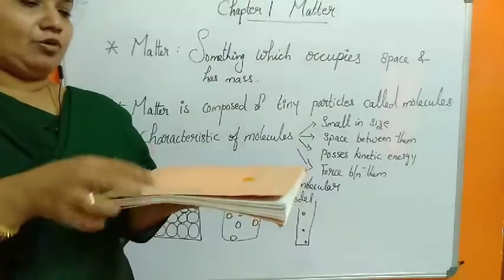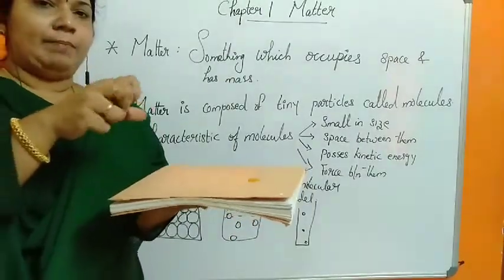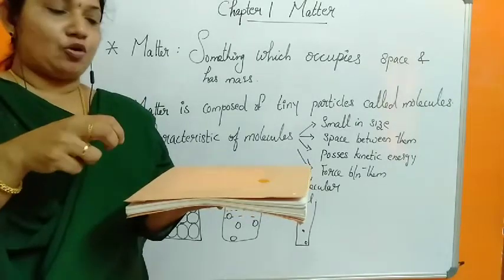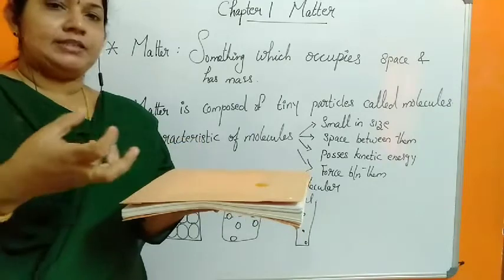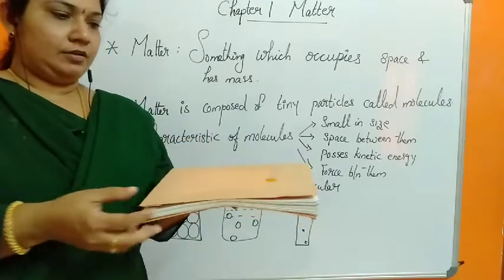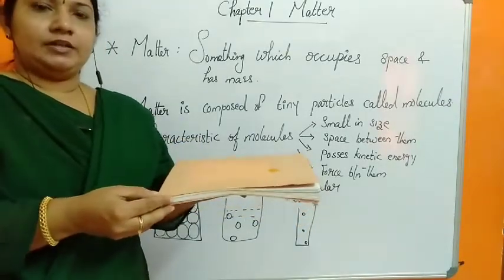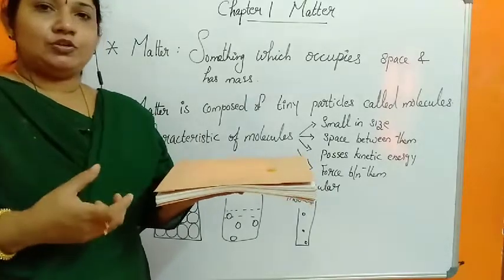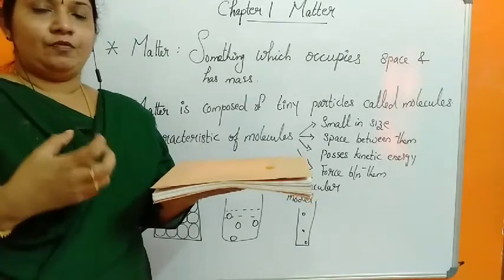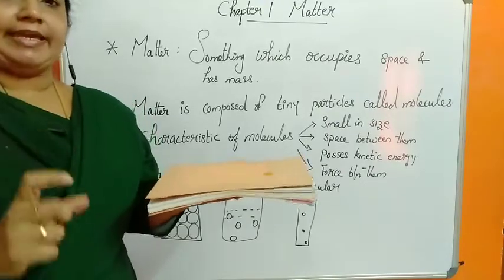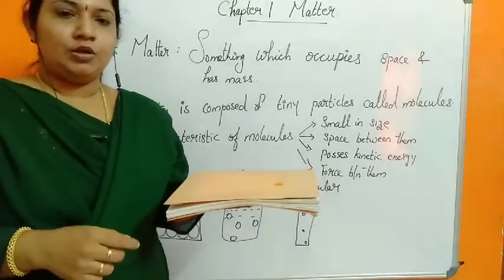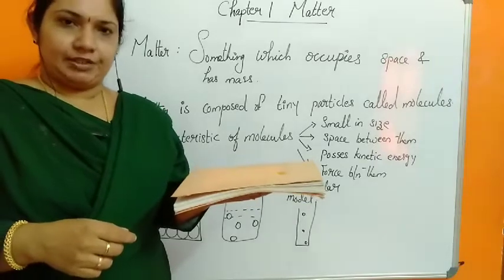You can see the molecules of water are bound together with a strong intermolecular force. That is why this water makes a droplet. Can you see the droplet? That is because of the force of cohesion. The force of attraction between the molecules of the same substance is called force of cohesion.